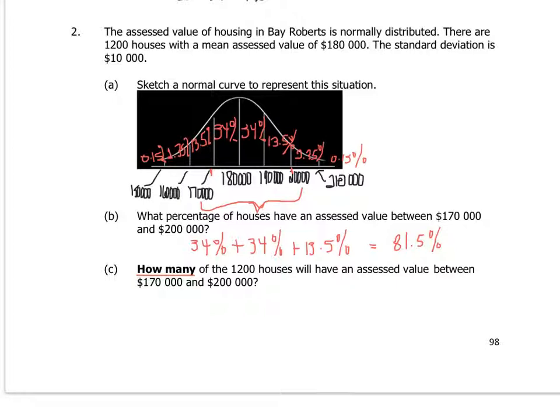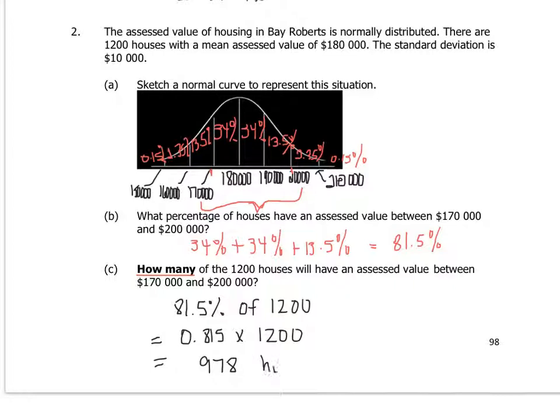We just found out that 81.5% of that, so 81.5% of the 1,200 houses should have that assessed value, and 0.815 times 1,200 would be 978 houses have an assessed value in that range.